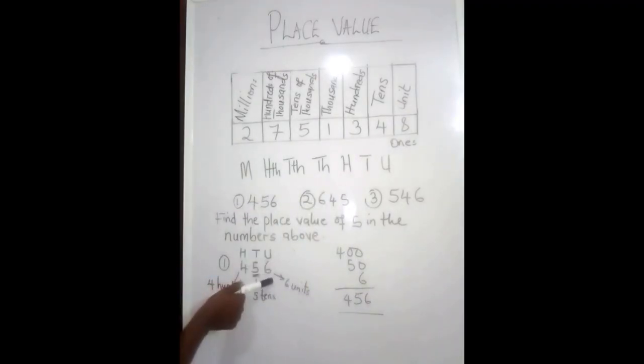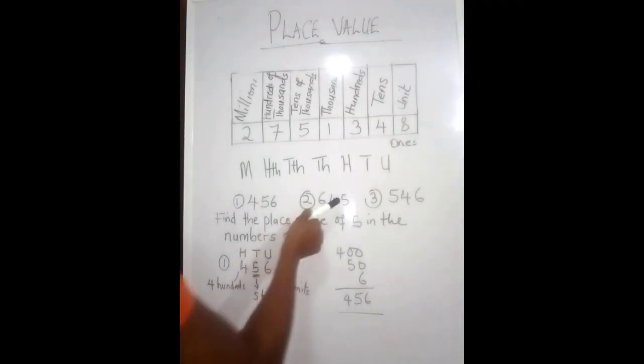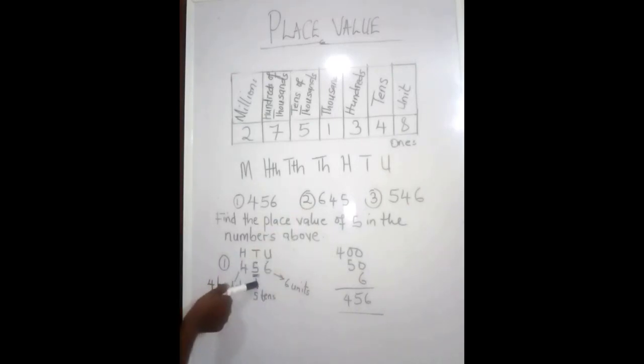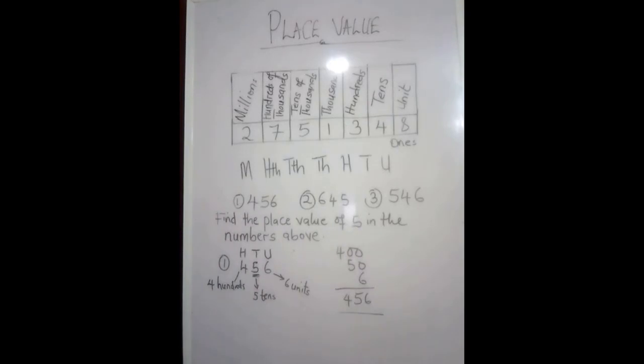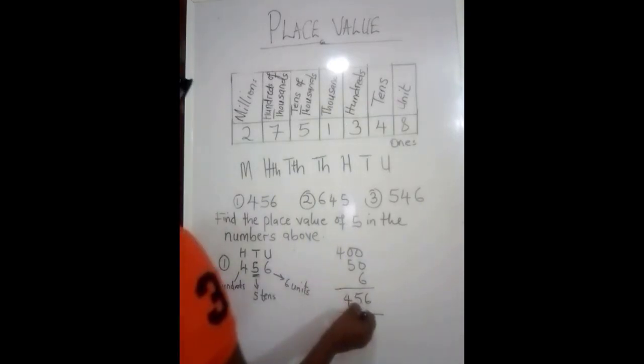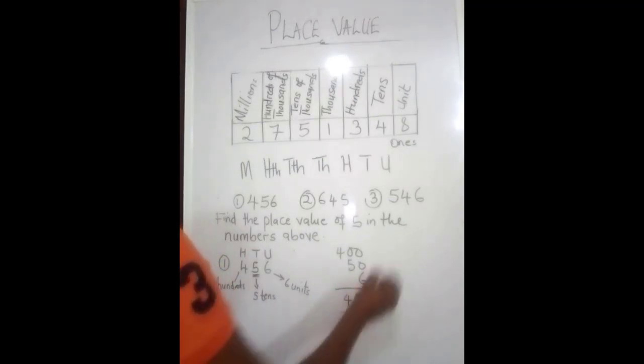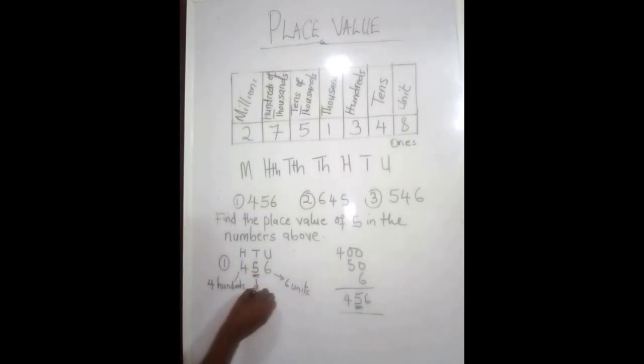So if you do the same thing that we did here to number 2, you will find out that 5 occupies the position of unit, 4 occupies the position of tens, and 6 occupies the position of hundred. So for this first one, the place value of 5 here is 5 tens, which is what we already wrote out here.